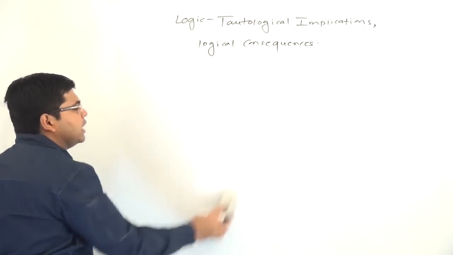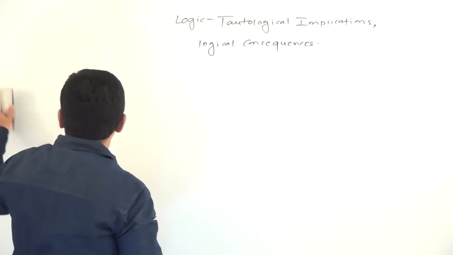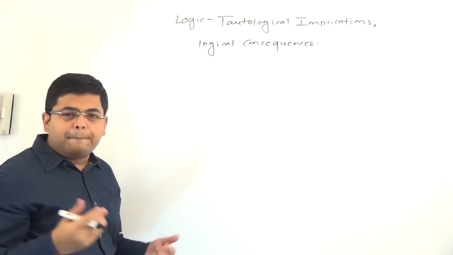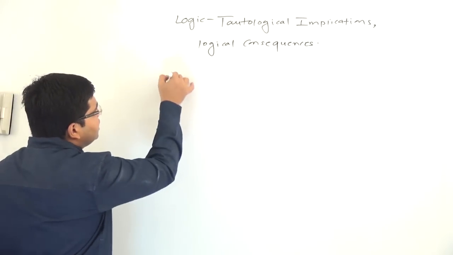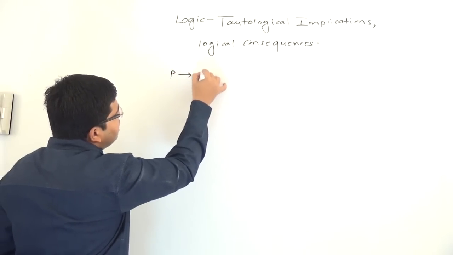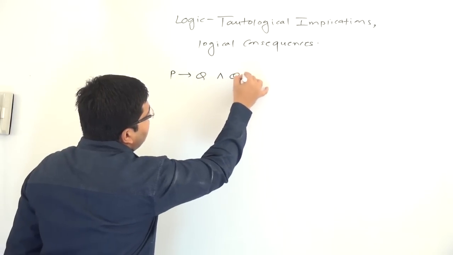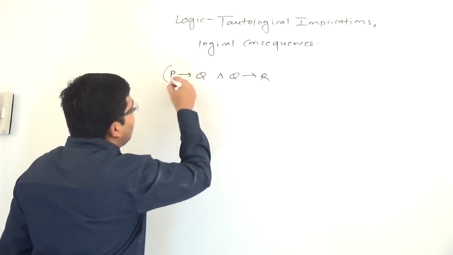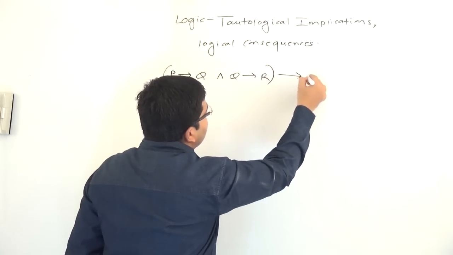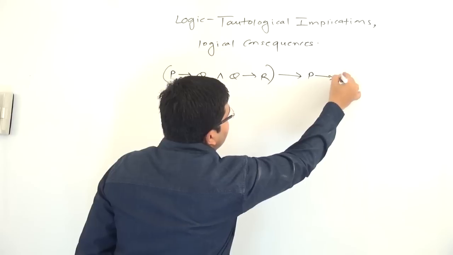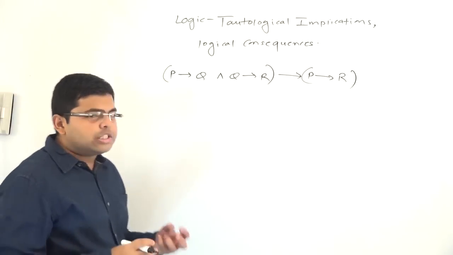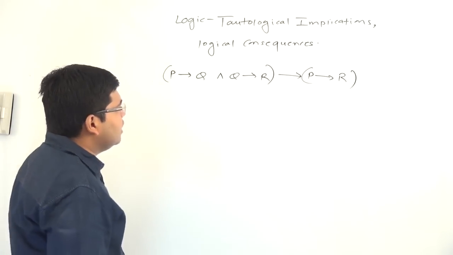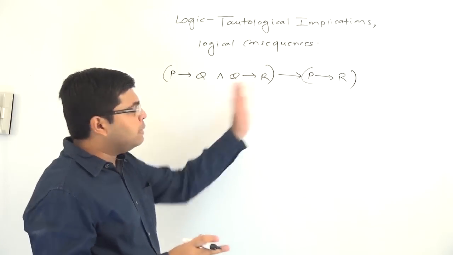There are certain implications which are always true, and a powerful example would be this: P implies Q and Q implies R implies P implies R.